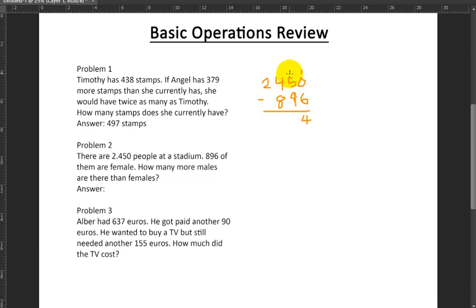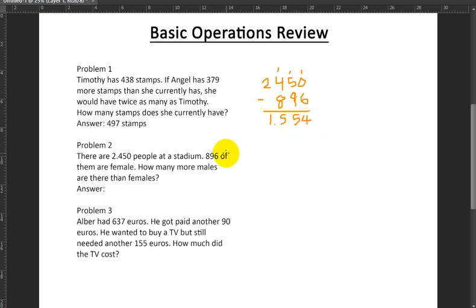I borrow again to do 15 take away 10, which makes 5. I borrow again to do 14 take away 9, which makes 5. And then 2 take away 1 will give me 1. So my result is 1,554.